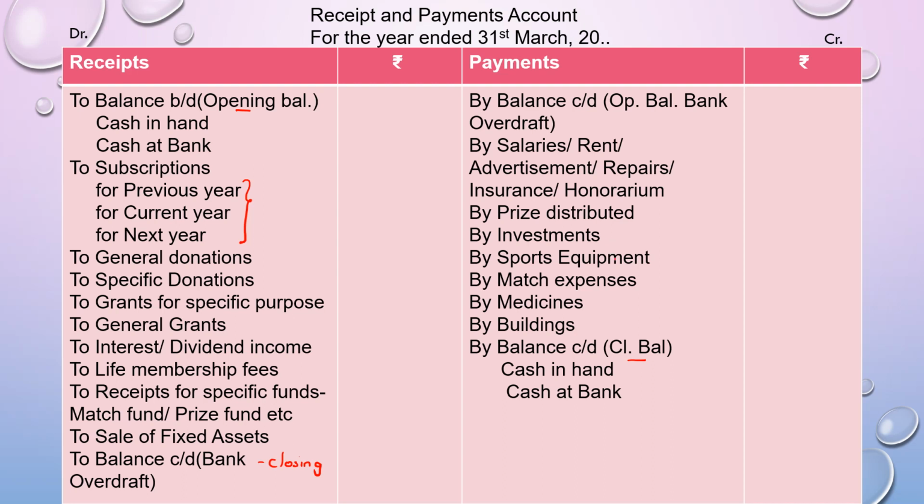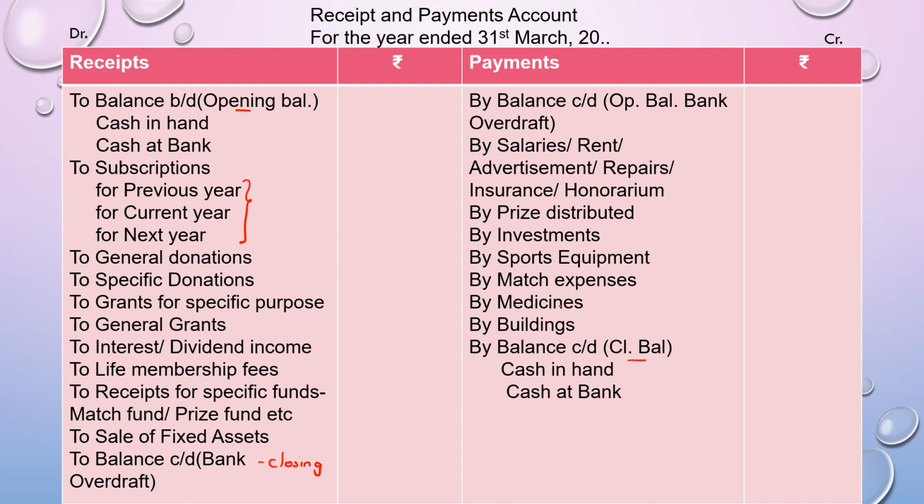Sports equipment. If it is a sports club, it might have to acquire sports equipment, which will go as an asset in the balance sheet. That also comes here. As I told you, there might be receipts for a specific fund, a match fund for conducting matches. If a match has been conducted during that year, then those related expenses come on the payment side.